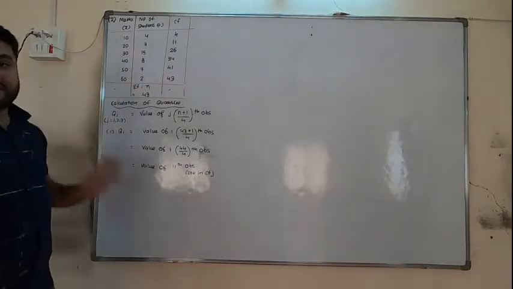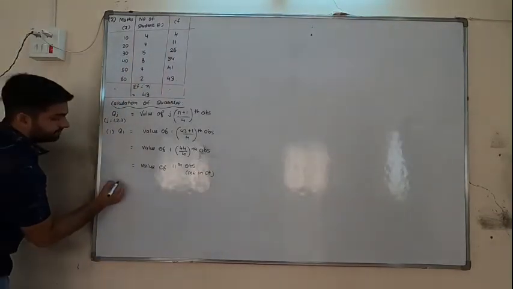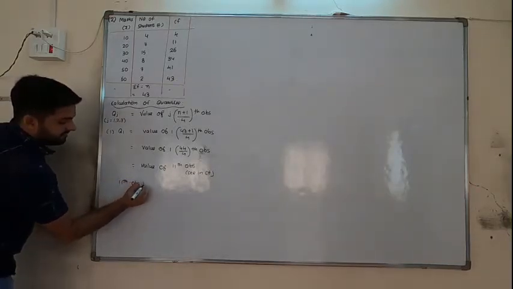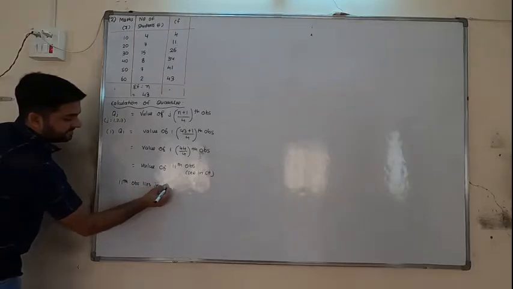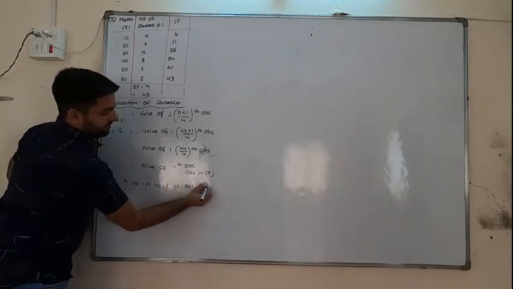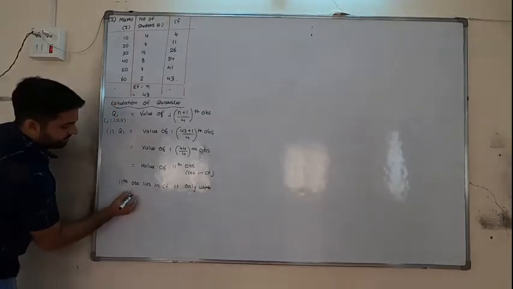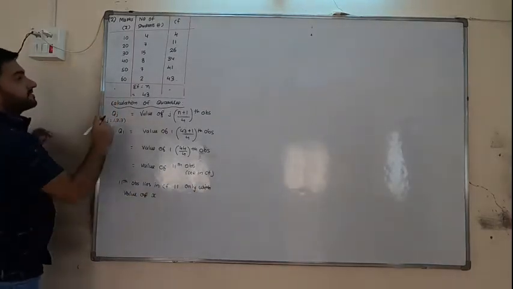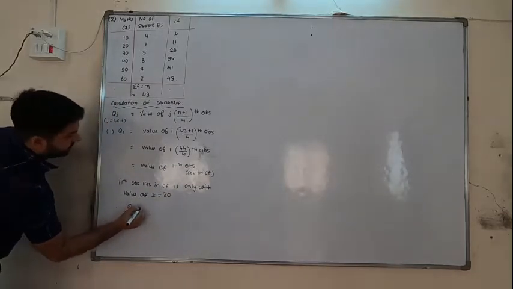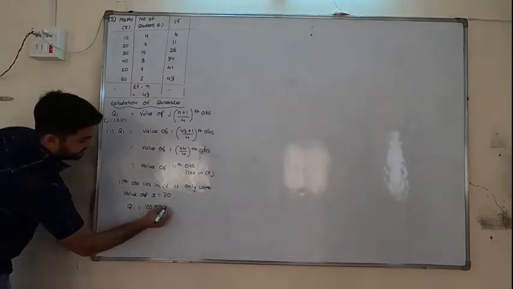The 11th observation lies in CF 11 only, with value of x equal to 20. Therefore Q1 is equal to 20 marks.